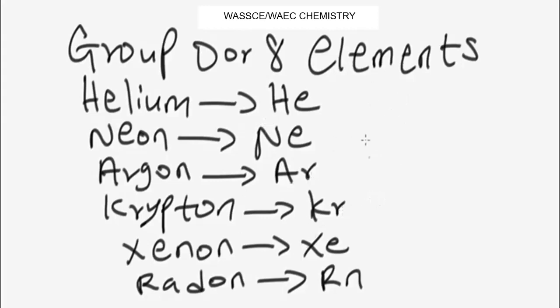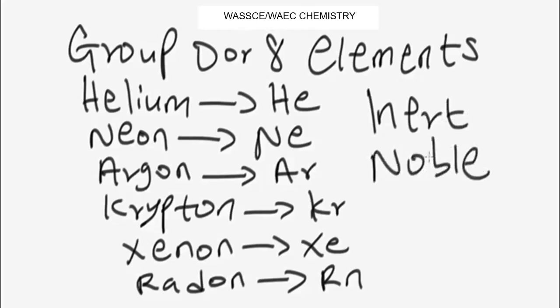Firstly, group 0 elements or group 8 elements are called inert gases or noble gases. They are also called rare gases.